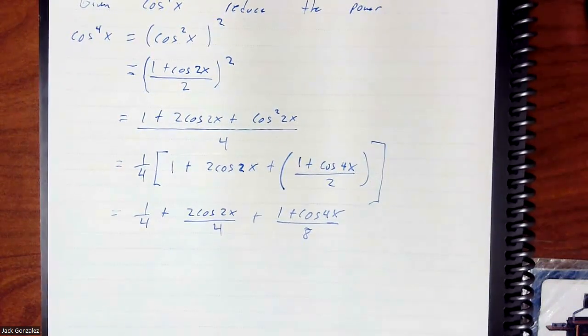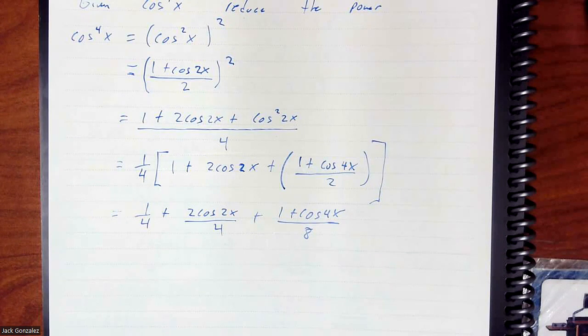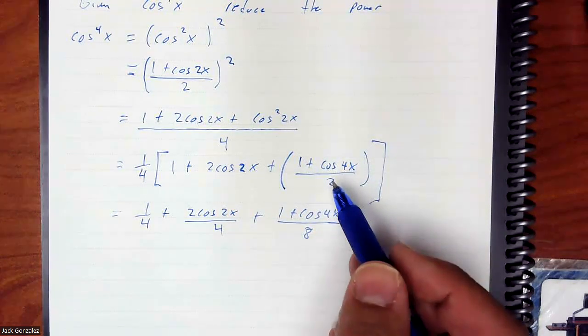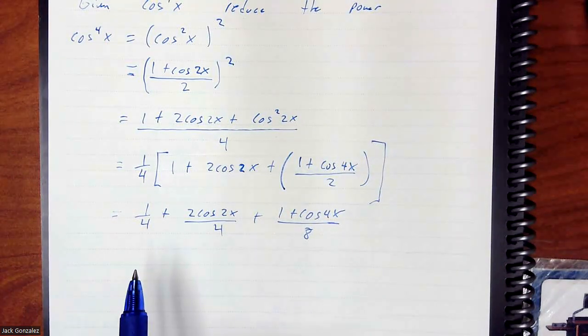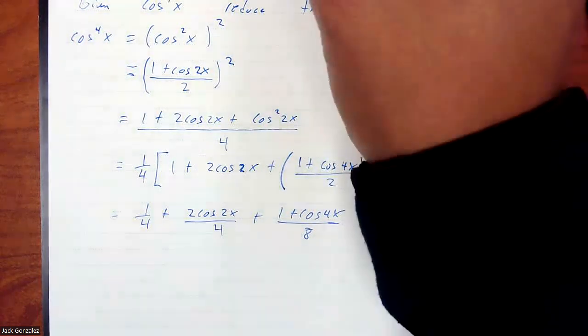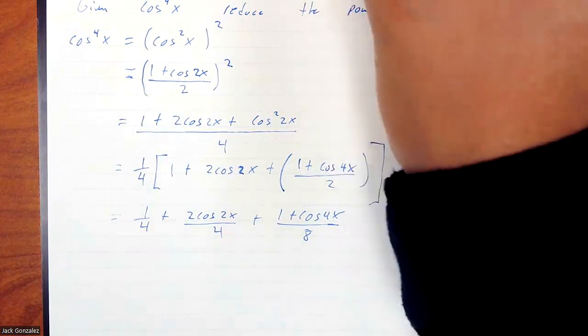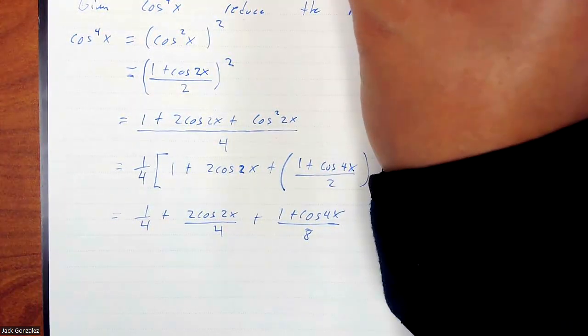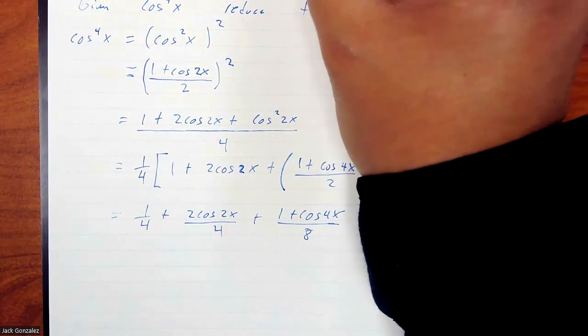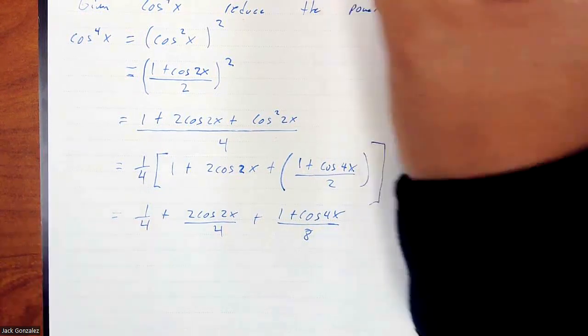Where did you get the 4x? 4x? That's from the formula. What does your formula say? The double angle? I think it's this, right? Is this correct?